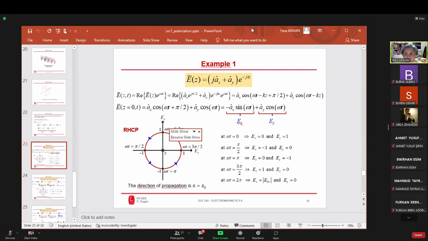Yani daha fazla ilerleyemiyor. İlerleyemeyen dalgalara evanescent wave diyoruz. Diğerlerine traveling wave diyoruz. Şimdi yansıma ve kırılmaya başladığımız zaman onları daha iyi anlatacağız. Burada 3 tane temel dalga tanımlayacağız. Propagating wave ve traveling wave diyoruz.